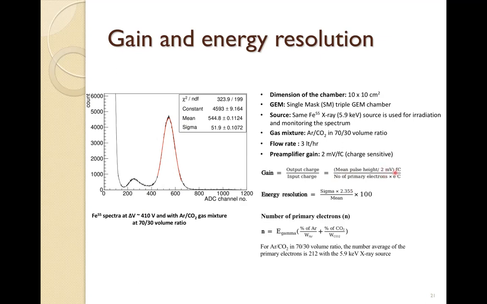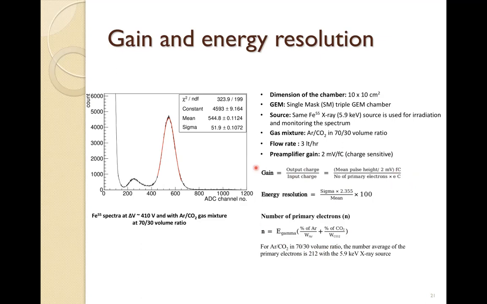That means the preamplifier collects some charge in femtocoulomb and gives you output in terms of some millivolt pulsed signal. So from this calibration curve, I get the total number of output charge, and the primary charge after full absorption of one gamma, this X-ray from iron 55. I get the input charge, and finally I calculate the gain of the detector.